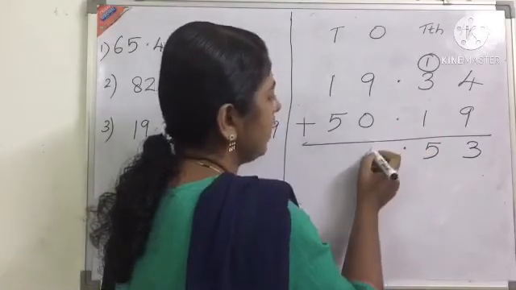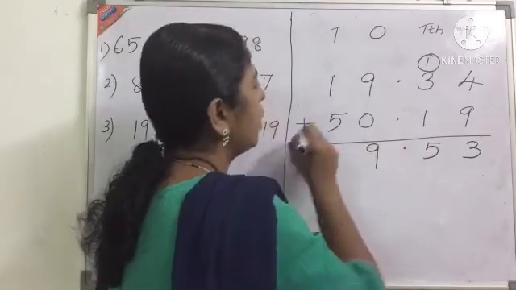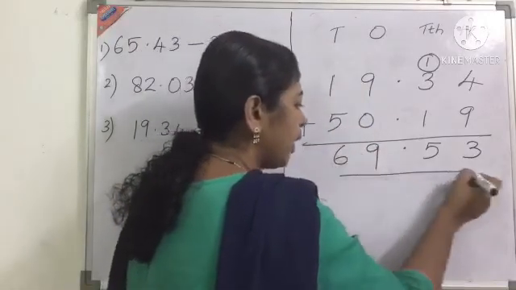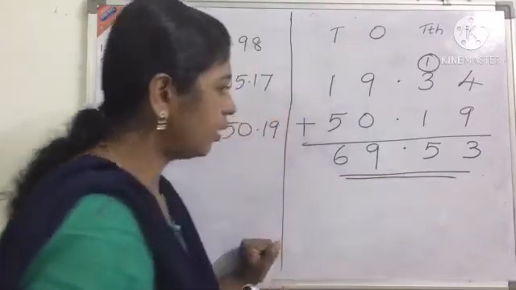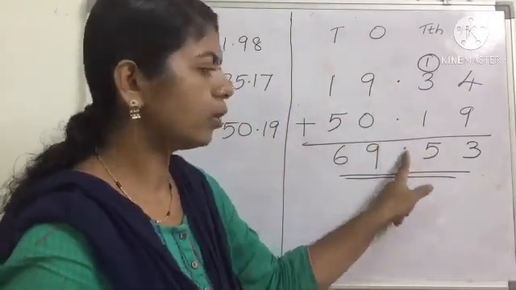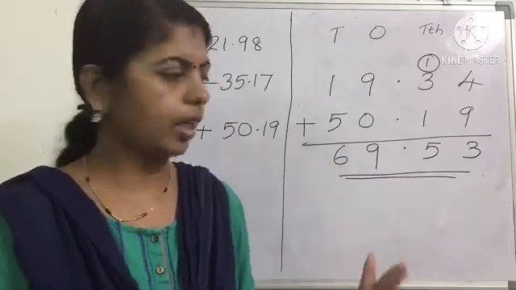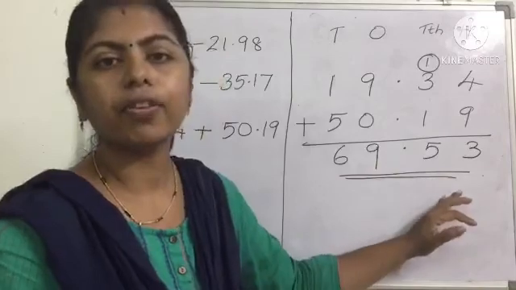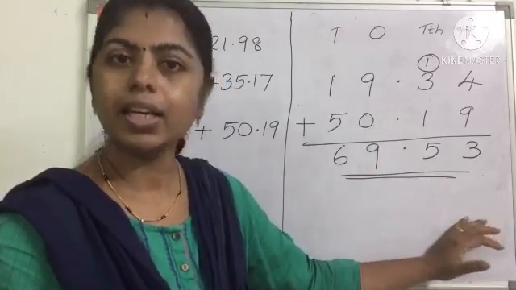Then 9 plus 0. It's 9. 1 plus 5. It's 6. The normal addition. Here the only difference is that the decimal point is there. You want to put the decimal point. Okay. So the answer is 69.53. Is it clear?